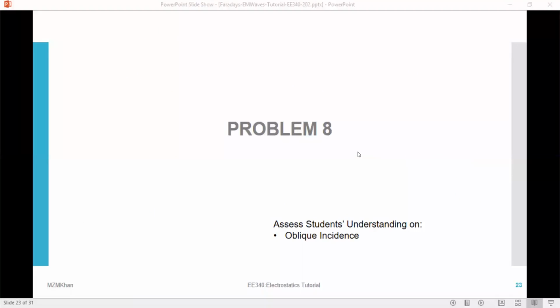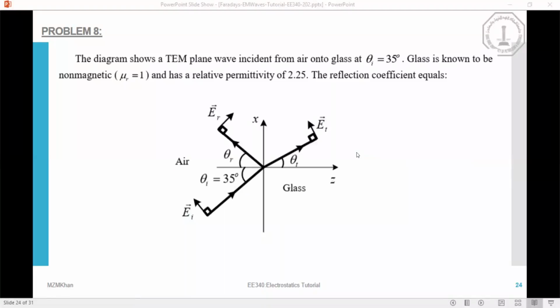So let us take one more example on the oblique incidence. So this is an example of the oblique incidence, where my electric field is hitting the boundary of the two mediums at an angle. Now, what is the problem? The problem is saying that you have again a TEM wave, and it is incident from air onto glass. So this medium is air and this medium is glass.